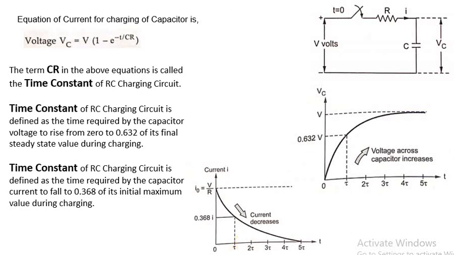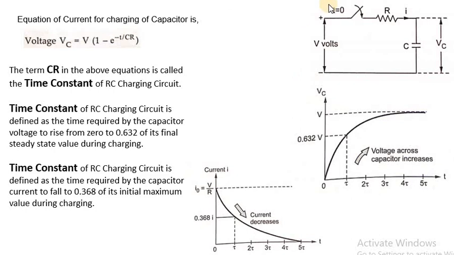Okay. One more thing I want to discuss with you, that in this particular question, if they are asking only to draw the graph of voltage and current and show the time constant, show the initial charging current and write down the equations, need not to write any theory. So if the question comes for 8 marks, what exactly you have to write in the question?